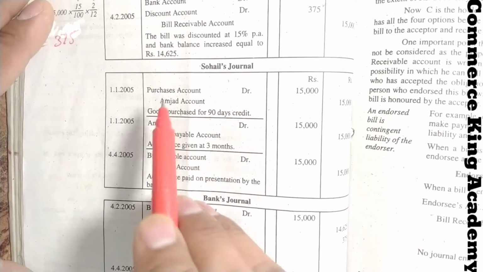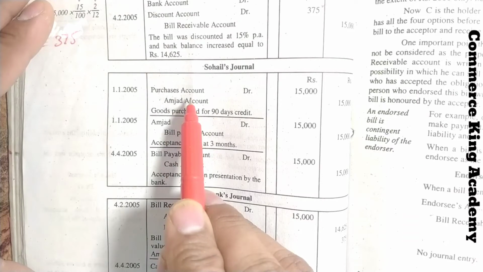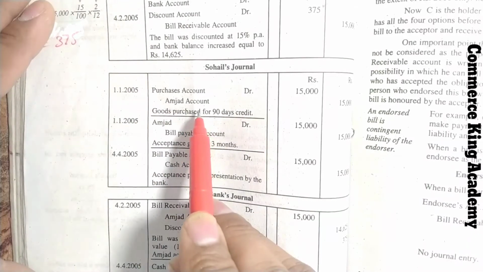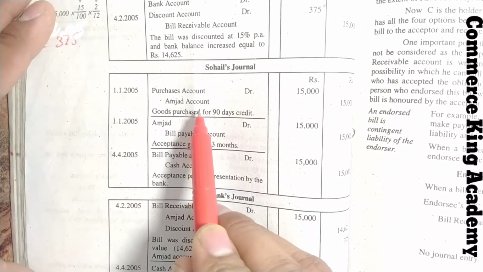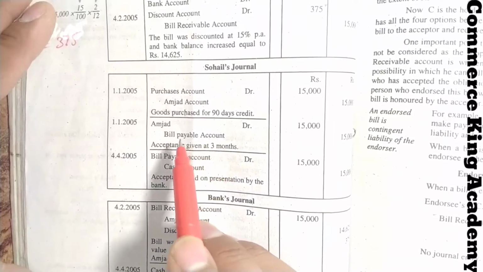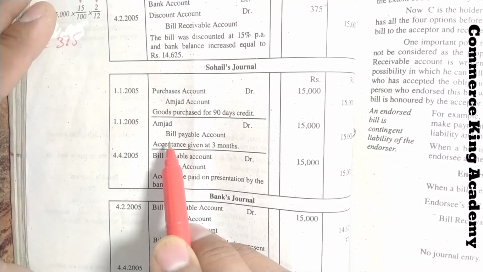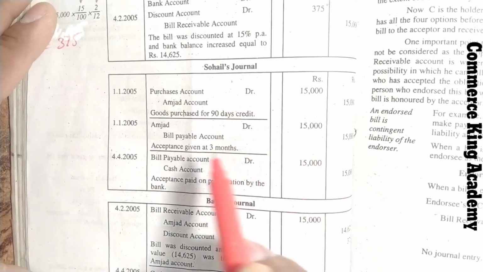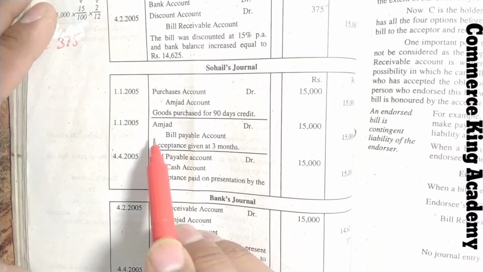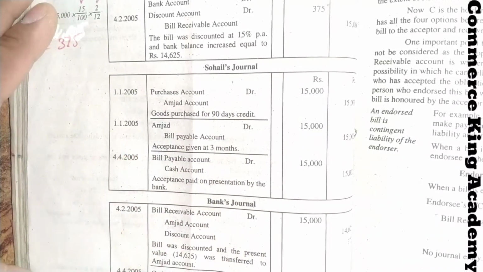The purchases account is an asset for Sohail, so debit, and the Amjad account is a liability for Sohail, so credit. When he makes purchases and also makes the acceptance and returns the bill to Amjad with signature and stamp on it, the entry will be on the same date, 1st January 2005.